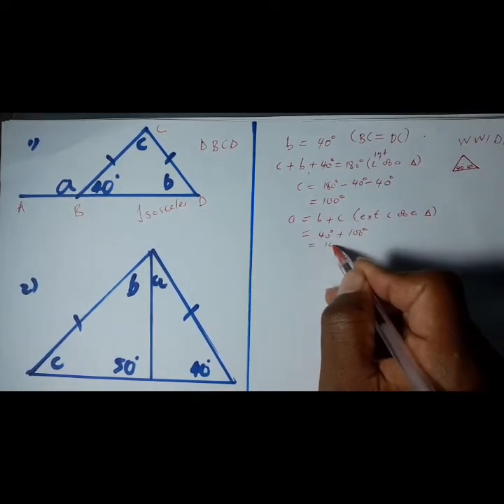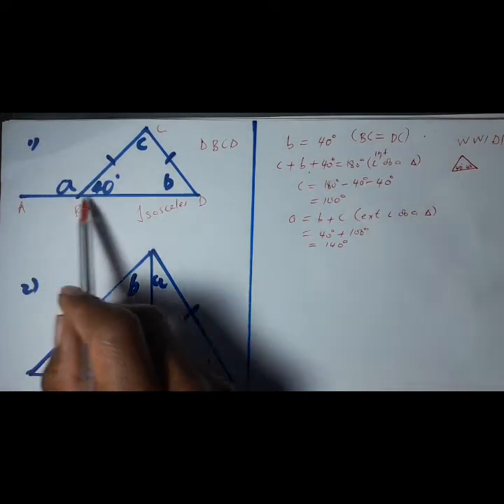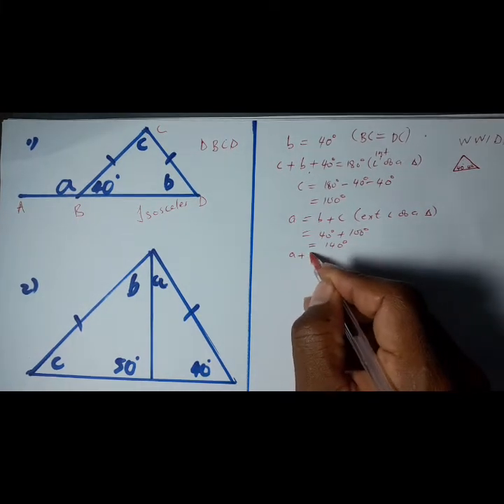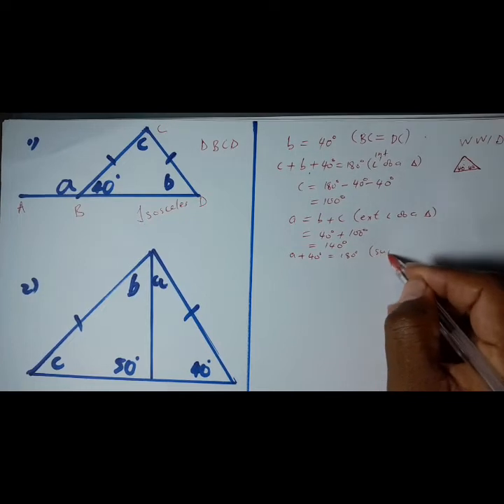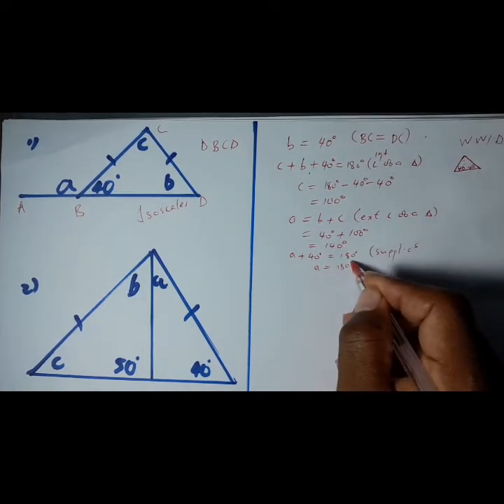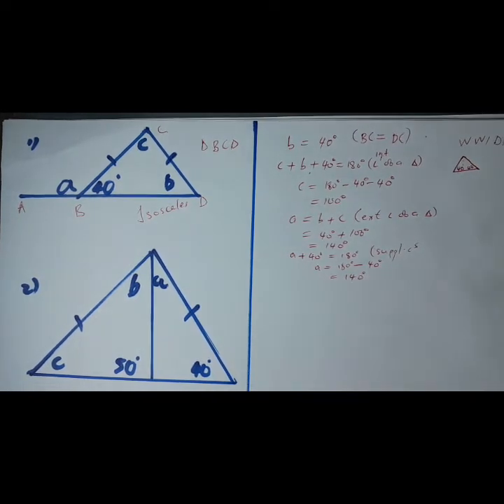So this is going to give us 140 degrees. Even if we used a straight line, we would simply say that A plus 40 equals 180. These are called supplementary angles. So then A would be 180 minus 40. This is going to give us 140 degrees.